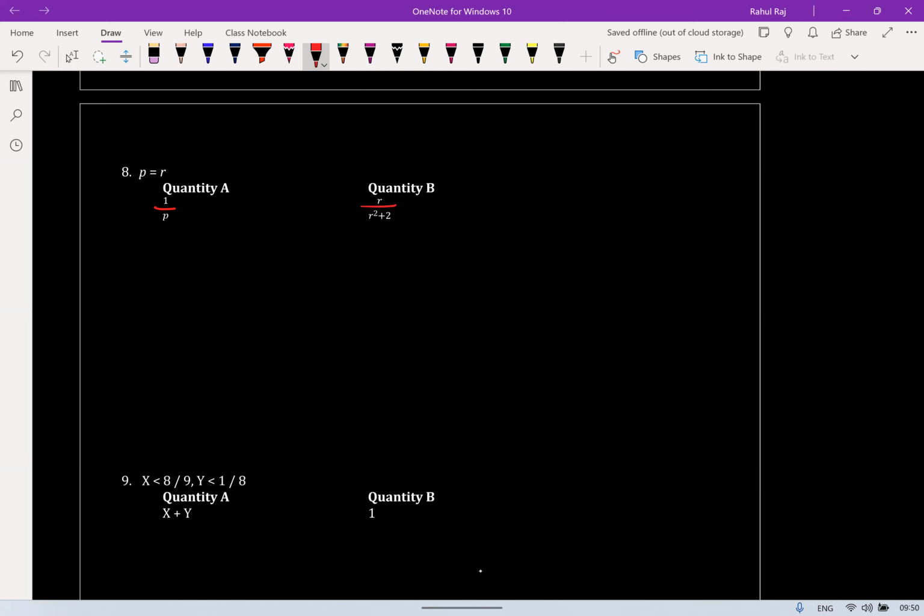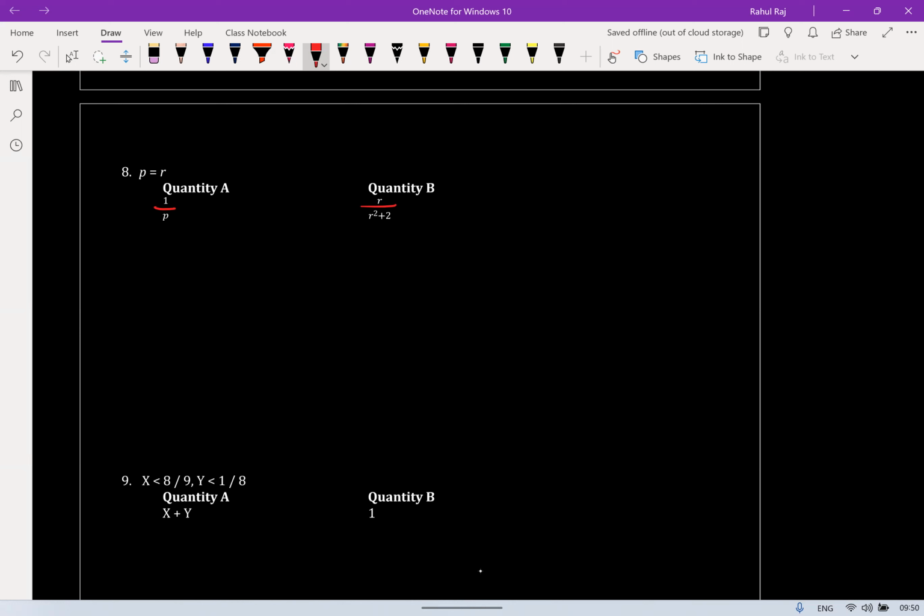Even if you plug in, like if P is equal to R, if you try to plug in anything, nothing is conclusively given. So that's why I just chose D. Yeah, but the point is you have to 100% ensure that it is D. You don't have to see values, you just have to create your own values.